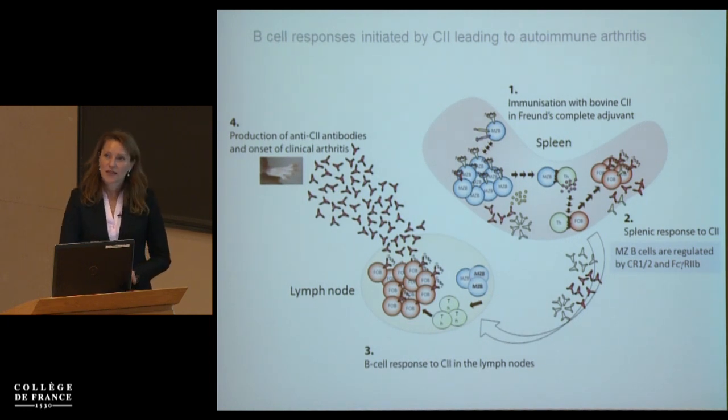They get activated by collagen, they expand, they can present antigen to T cells. The T cell will give help to these follicular B cells, which will then produce high amounts of this pathogenic IgG anti-collagen antibody. And we know that these will then trigger the inflammatory response in the tissue here, where you also have collagen in joints, and this will then trigger inflammation in the mice.